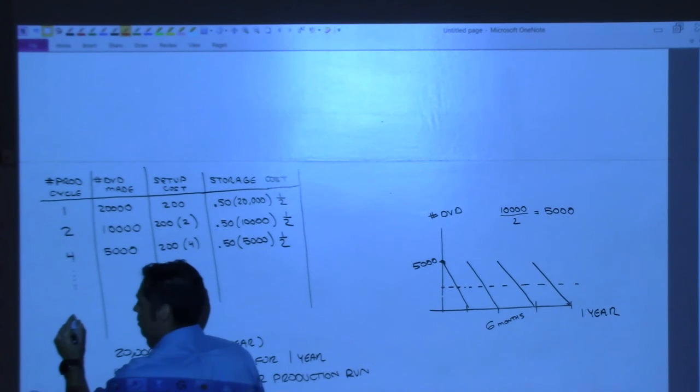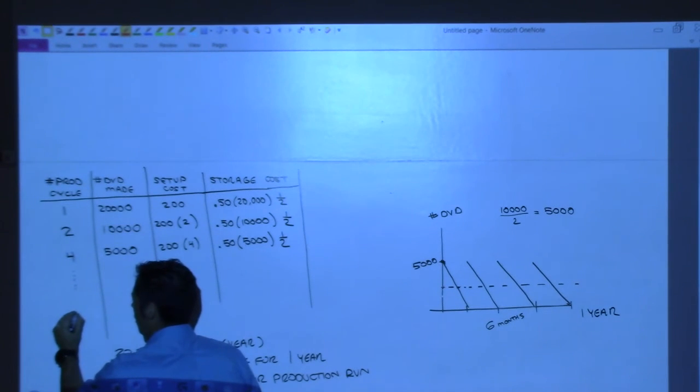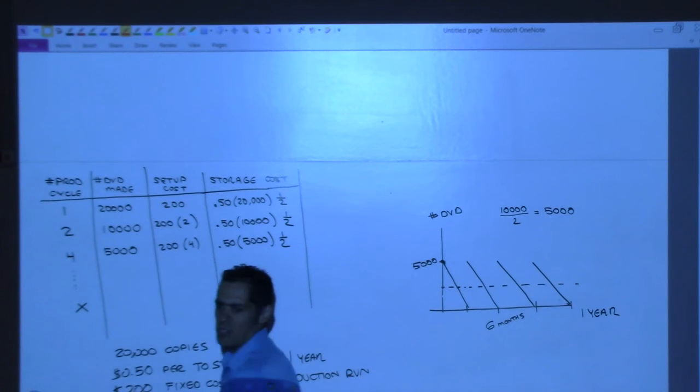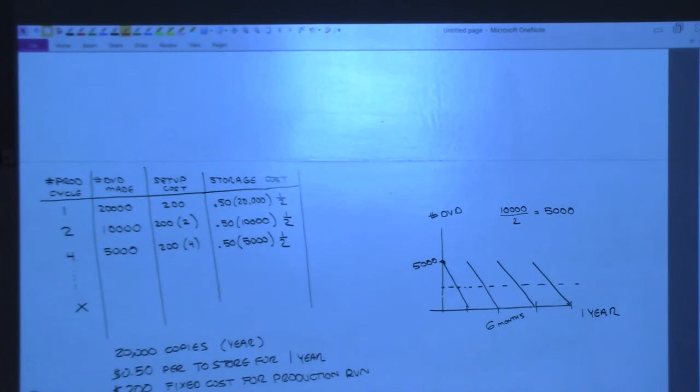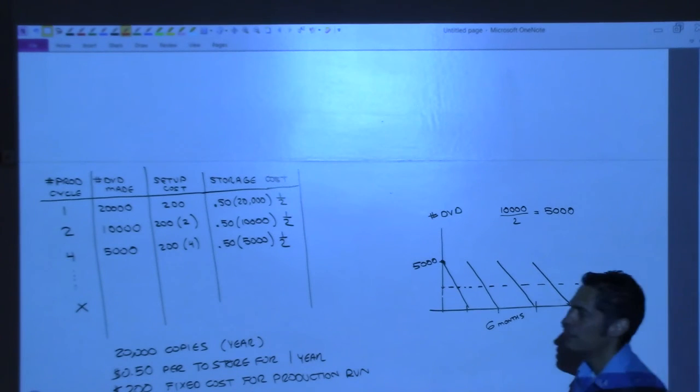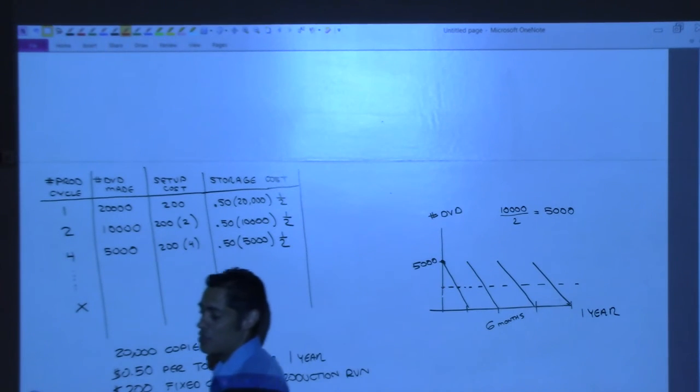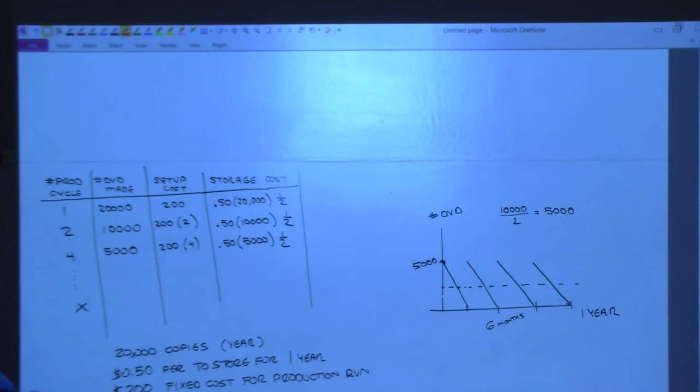This is called generalizing. What if I do X production cycles? How many DVDs must I make in each production cycle? Okay, think about this. If I did one production cycle, it's 20,000. 2 was 10,000. 4 was 5,000.